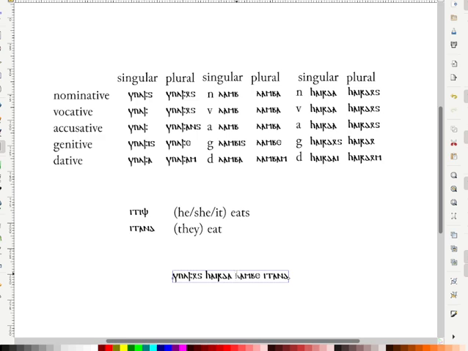That's not always the case. I haven't used the dative at all here, but let's just say wolfs gaf mis lamb. The wolf gave me a lamb, or a sheep in this case.